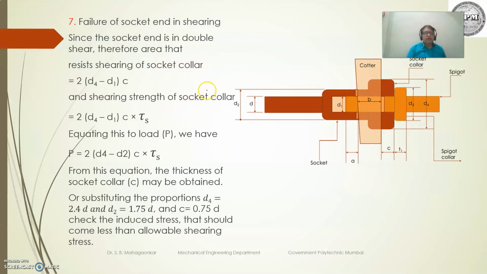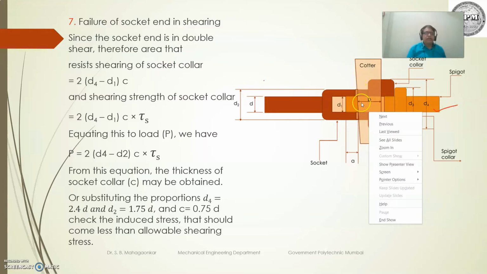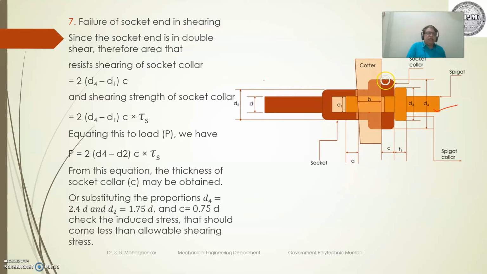So in this one, if this is the spigot, it is holding the quarter, right? If the quarter and spigot are very strong, it is definitely here that you are going to fail. This area may come out by tearing. Are you getting it?